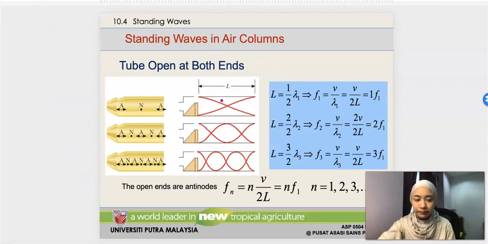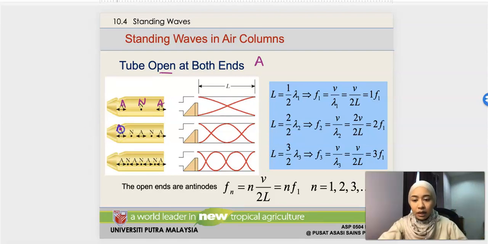Alright, so let's take a look. This is an example of a tube that is open at both ends. If open, there is flexibility or freedom, which means that your ends start with antinodes. So this guy is antinode, node, antinode. After an antinode, we always have to follow with a node, and after a node, an antinode. It's repetitive, right?